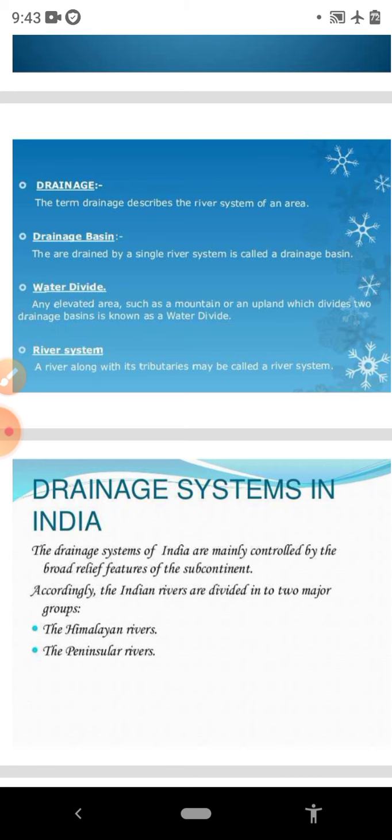The area drained by a single river system is called drainage basin. Water divide is an elevated area such as a mountain or an upland which separates two drainage basins. A river along with its tributaries is termed as a river system.